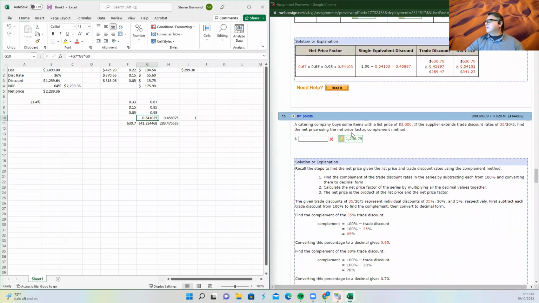So, okay, so once again, we go here. Catering company buys some items with a list price of $3,000. If the trade discount is 35, 30, and 5, that's a big one. 0.35, 0.30, 0.05.